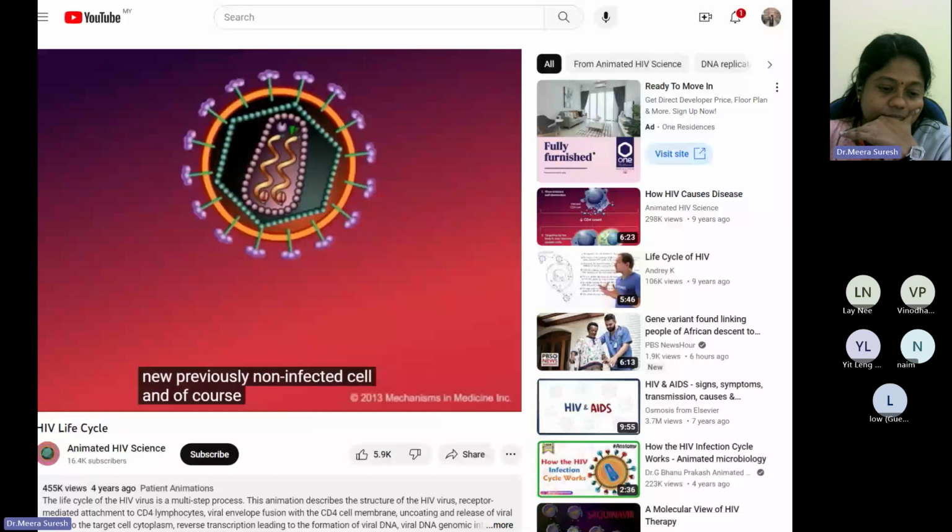And of course, this will require that each of the capsid core, the two nucleocapsid proteins, the two strands of viral RNA, two molecules of reverse transcriptase, two integrase molecules, and two protease molecules all be part of this newly assembled virus particle in order that a new cycle of virus replication can be reinitiated.